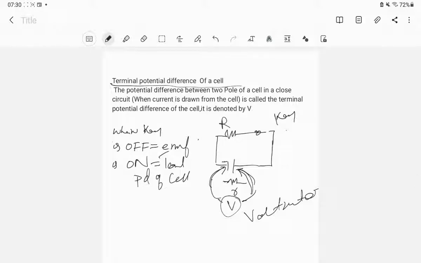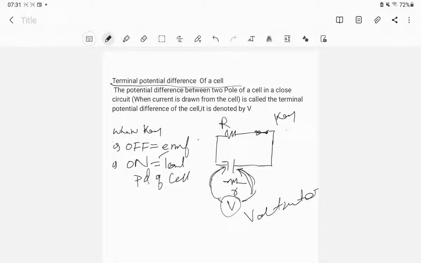Okay. So when current flows through the circuit, there is a fall of potential across the internal resistance of the cell.